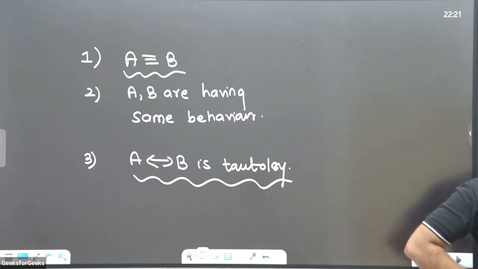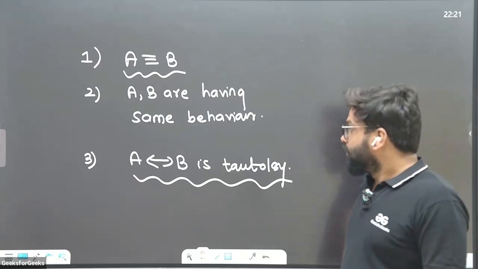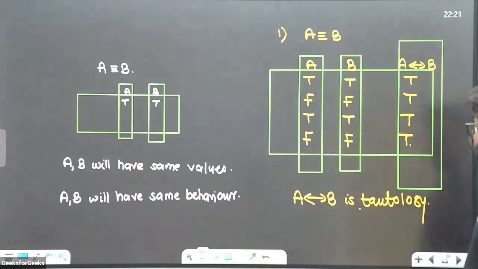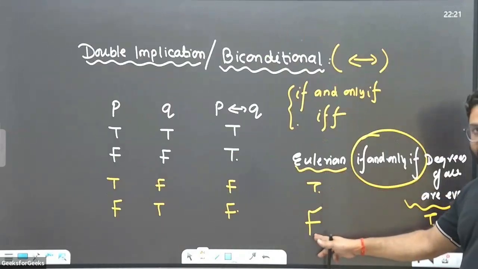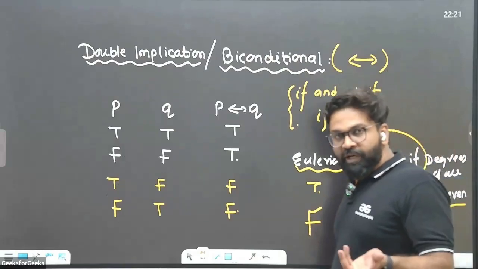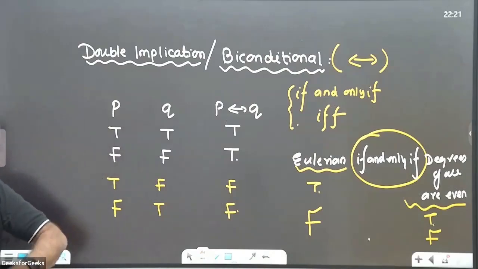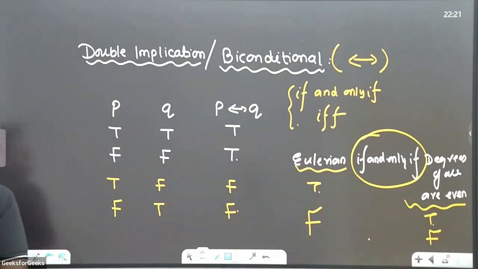Sir, if A implication B is a tautology, then if A is false, then B is also false. Is it possible? Yes. Take an example. If your graph is not Eulerian, what can you say about the degrees of all vertices being even? See, it's very simple.